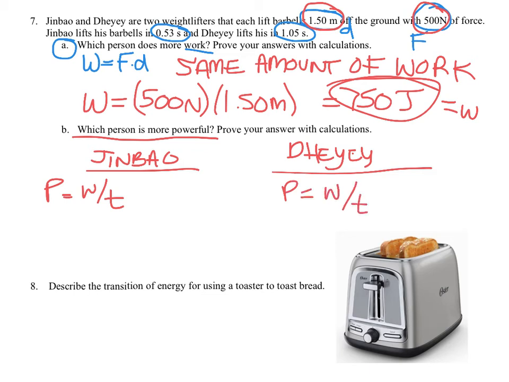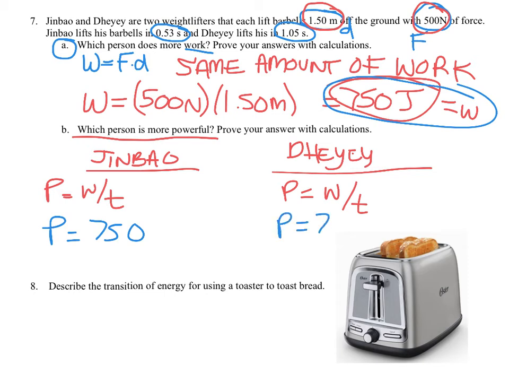We already know the work for each of them. Both have a work of 750 joules, but their times are different. Jinbao's is 0.53 seconds, and DA's is 1.05 seconds.